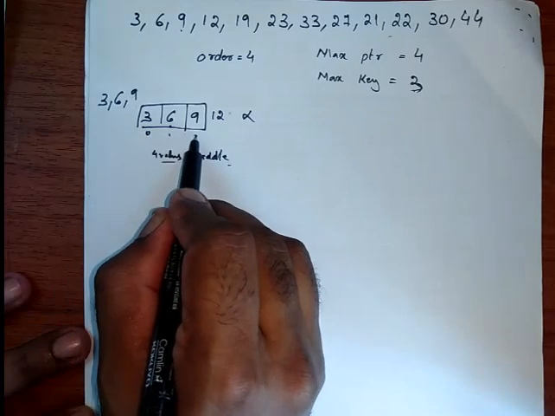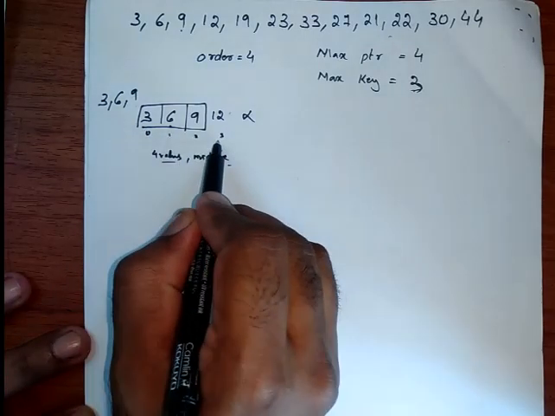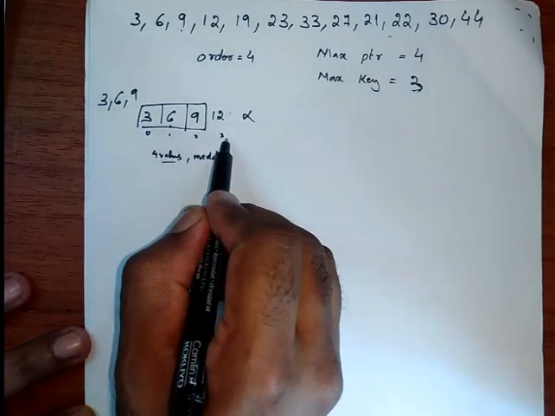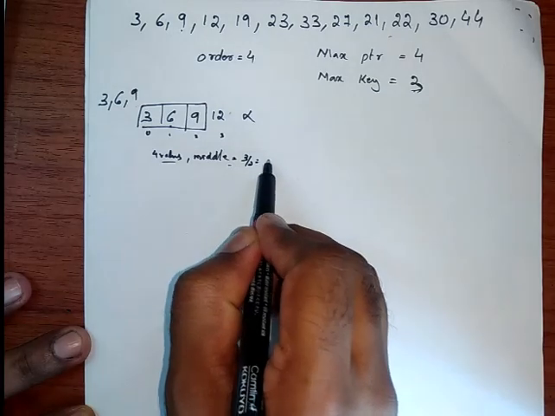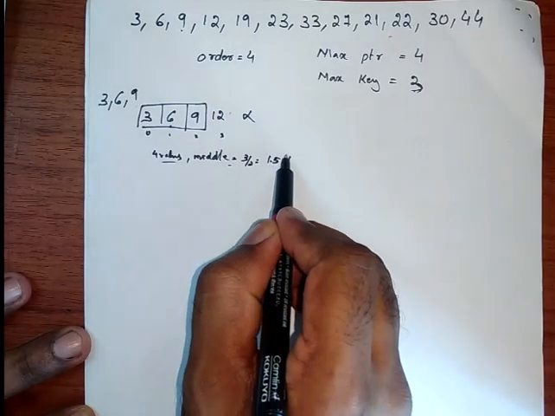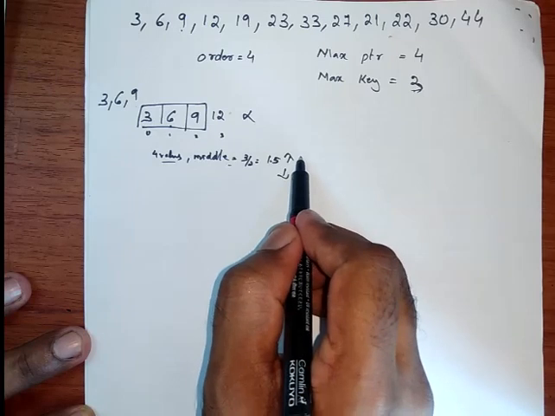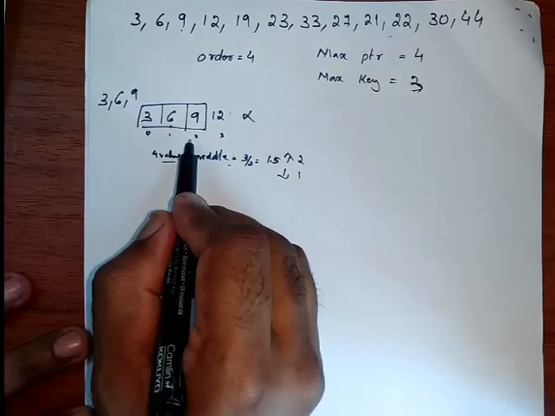You can give index numbers 0, 1, 2, 3, and then find the middle value as 3 by 2. So 3 by 2 gives 1.5, and 1.5 can be rounded up or rounded down. Rounded up you get 2, and rounded down you get 1. It is up to you to select which one.